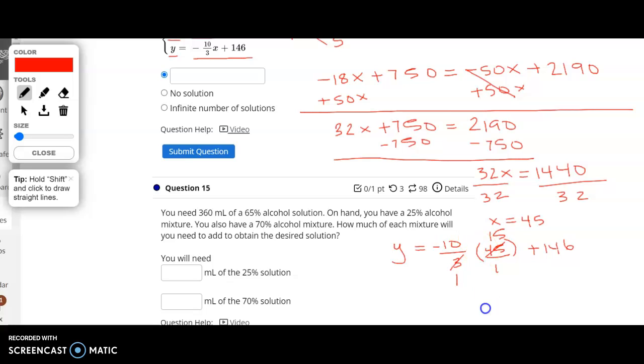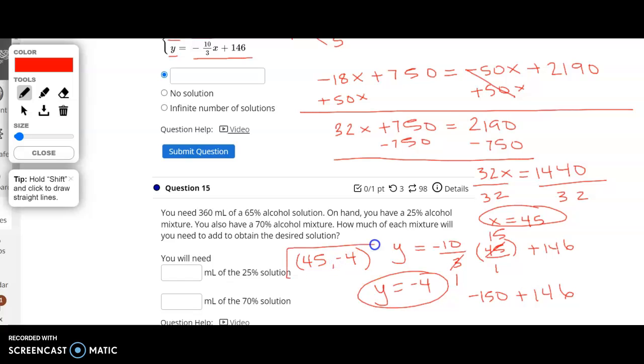So we get negative 10 times 15, or negative 150 plus 146, which is just going to equal negative 4. So we get y equals negative 4, x equaled 45. When we put this in as our answer, we'll want to make it 45 and negative 4.